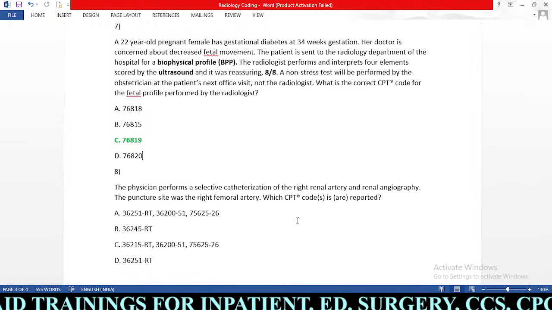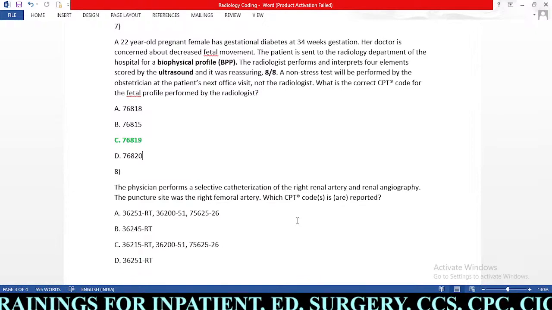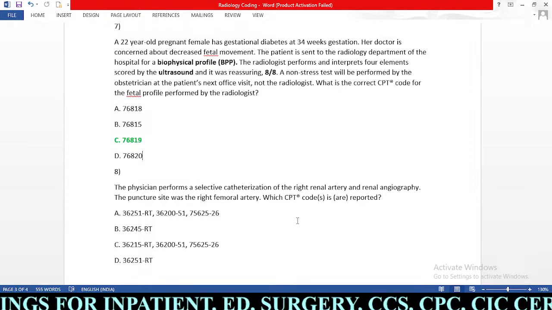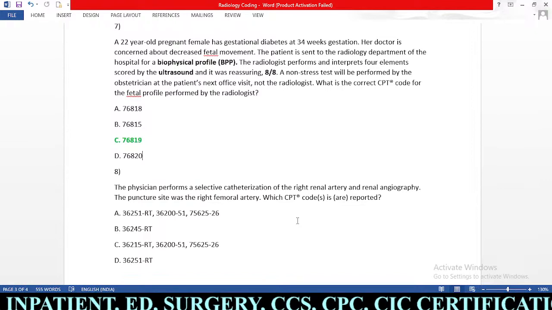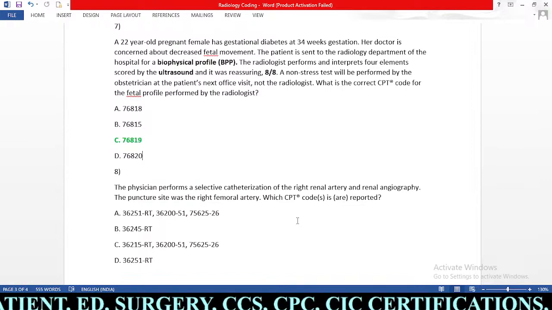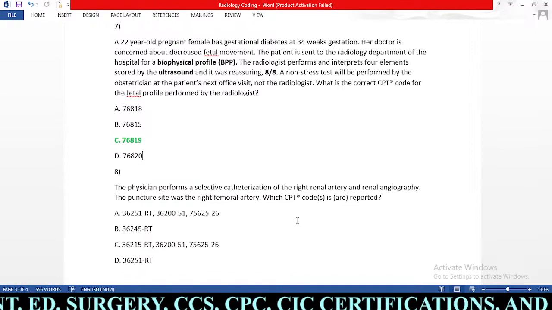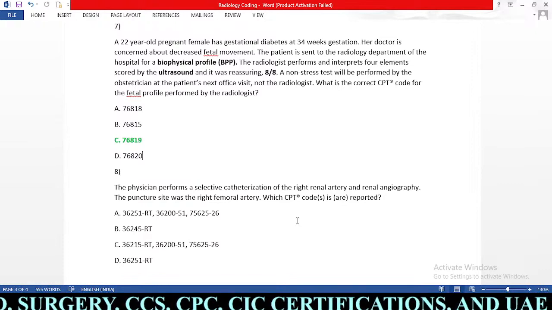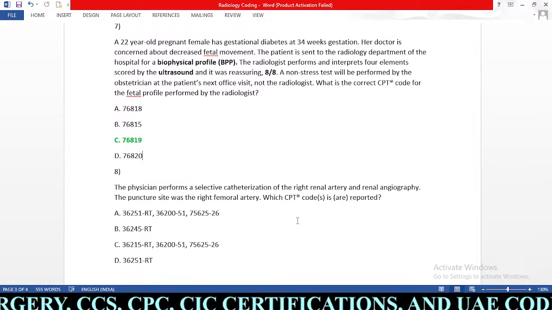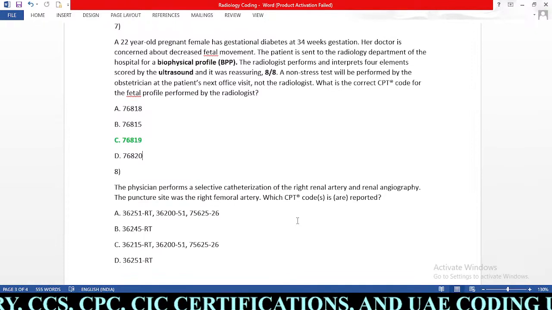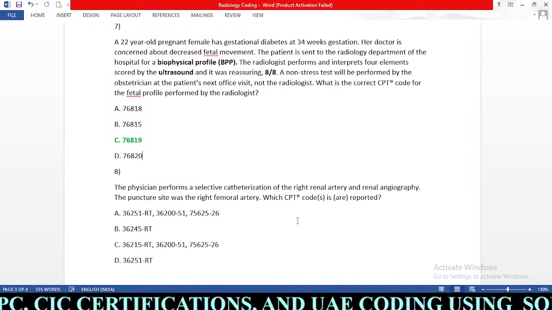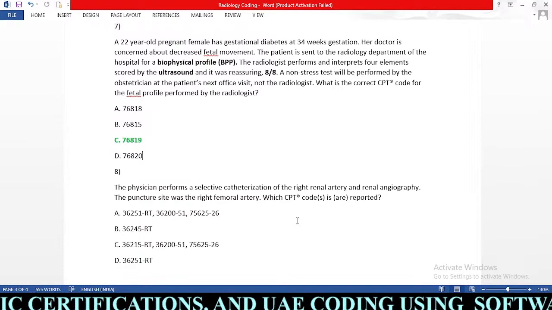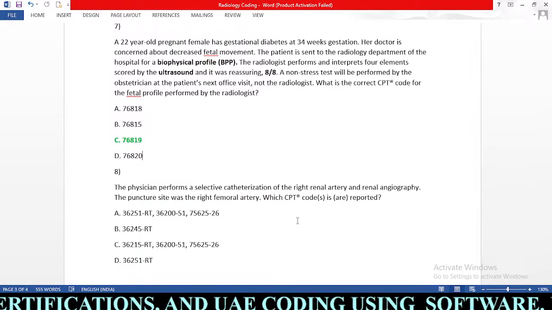Intervention means a procedure, radiology means a radiology code. In order to accomplish a procedure, the physician will use radiology, so those procedures we call interventional radiology. Basically, these procedures are performed on the vascular system, like arteries and veins. Mostly IVR procedures are performed on the blood vessels.